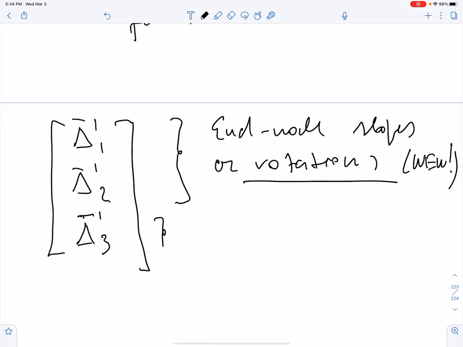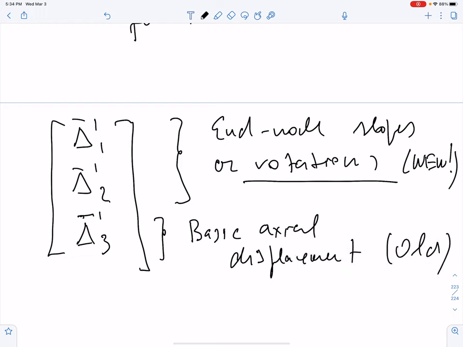And this guy is just the basic axial displacement. And this stuff is as before, old. And so we've taken basically a truss and upgraded it to the beam column element by introducing additional degrees of freedom, in this case in the basic system, that correspond to moments and rotations.